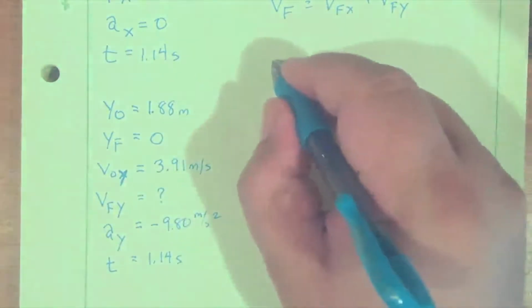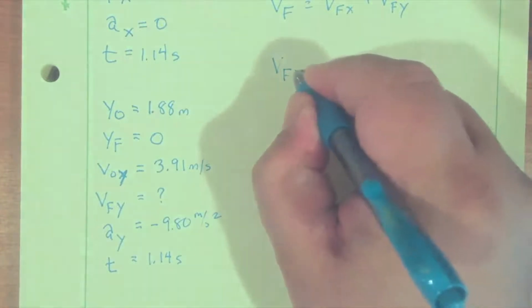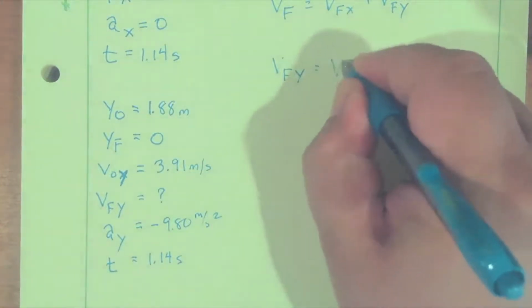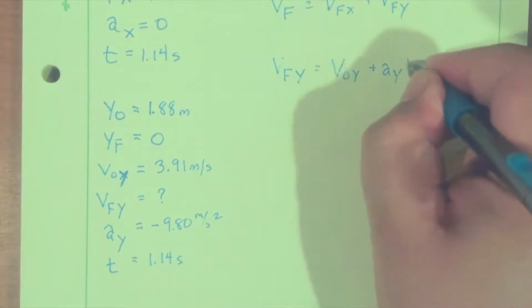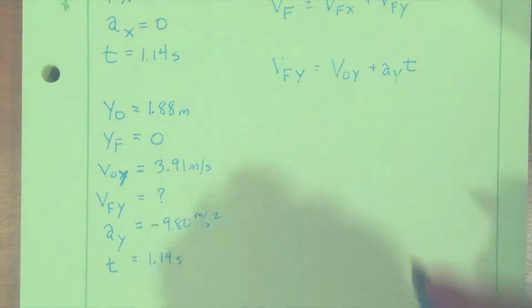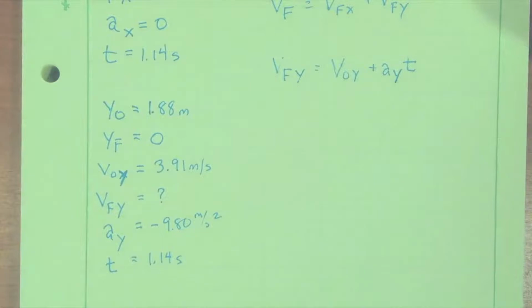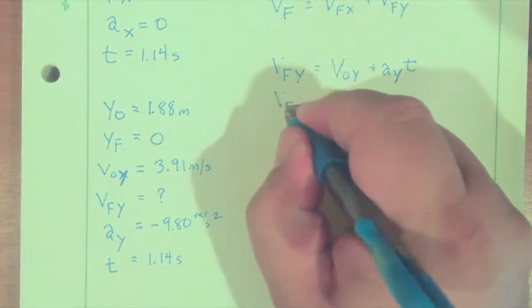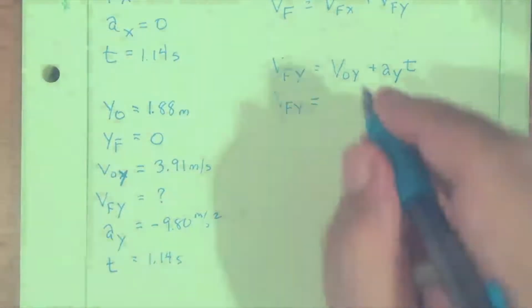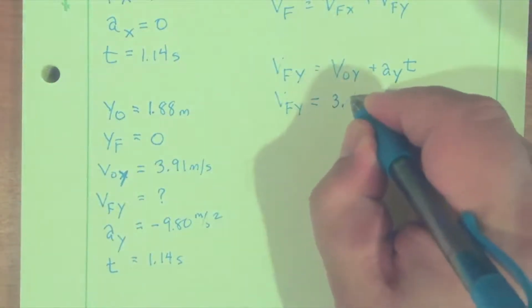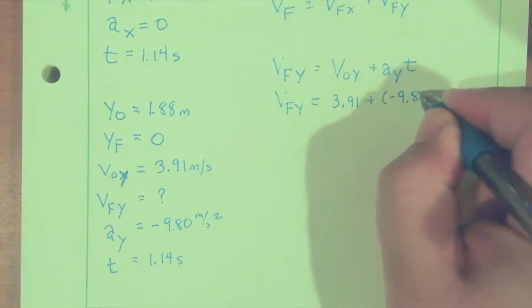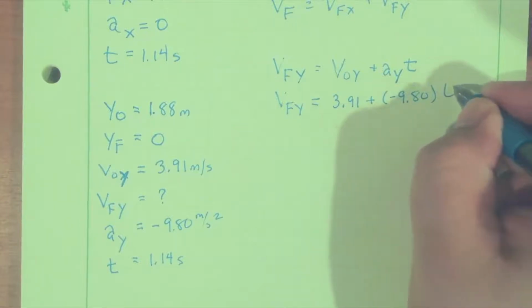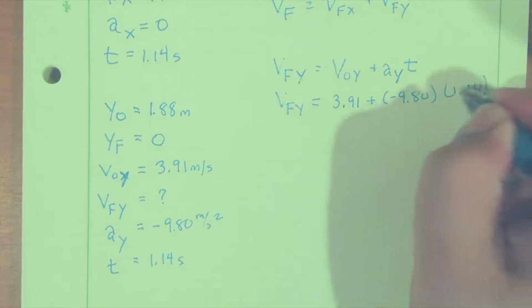Well, given all of this data, finding the final velocity in the y direction is quite straightforward. We just use the second kinematics equation, like so. Notice the use of subscripts to specify that this is about the vertical motion. With an initial y velocity of 3.91 and an acceleration of negative 9.80 times a time of 1.14.